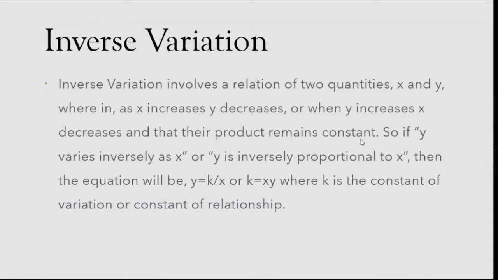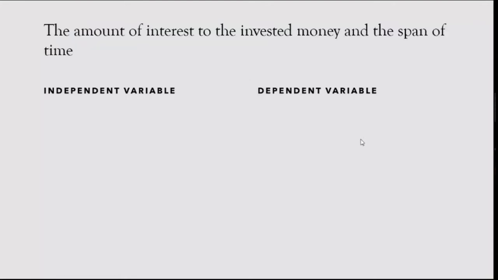If y varies inversely as x, or y is inversely proportional to x, then the equation will be y is equal to k over x, or k is equal to xy, where k is the constant of variation or constant of relationship. Okay, so that is how you will represent inverse variation in terms of an equation. Y is equal to k over x, or k is equal to xy.